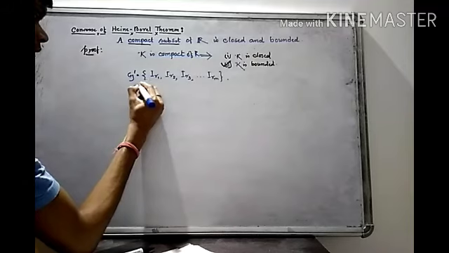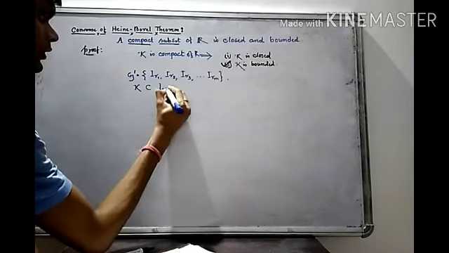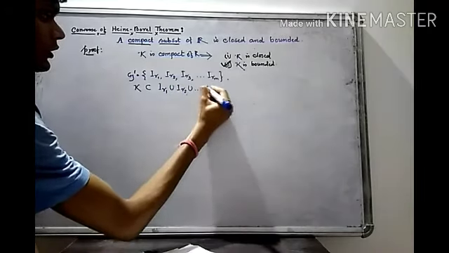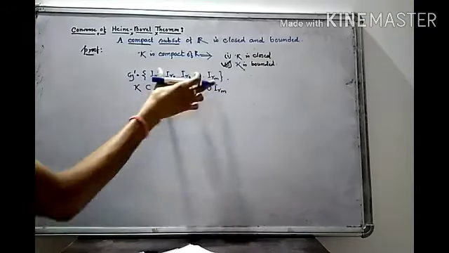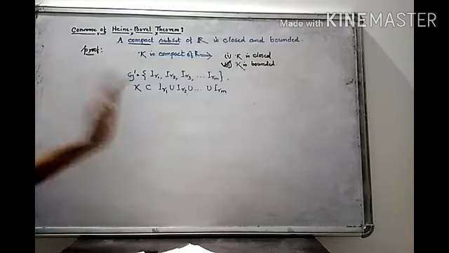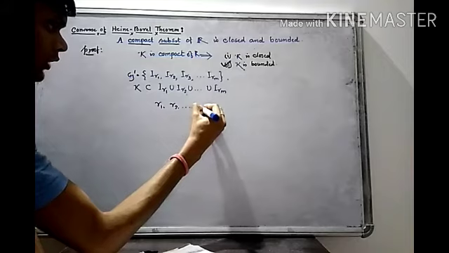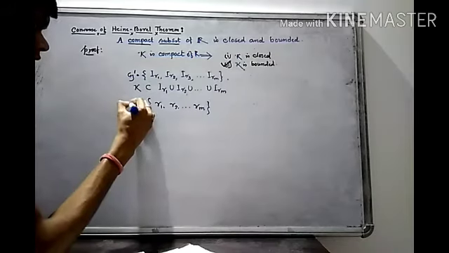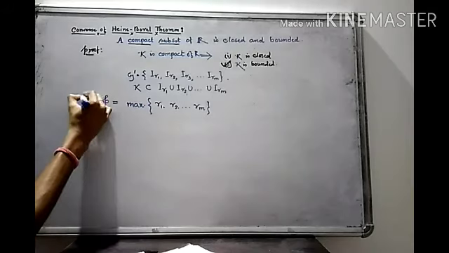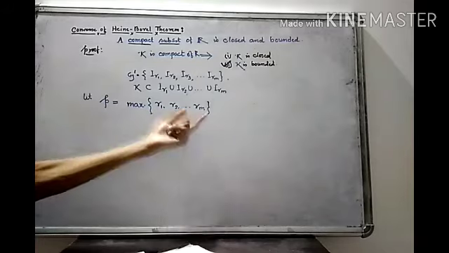And this is the finite subcover of K. So K is a subset of I_R1 union I_R2 union dot dot dot union I_Rn, because if we take their union, then K will be contained in this union. Clear? Okay. Now consider R1, R2 up to Rn and take their maximum. Suppose this is your P. What is P? P is the maximum of R1, R2 up to Rn.